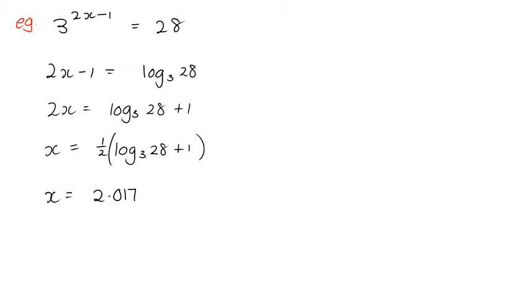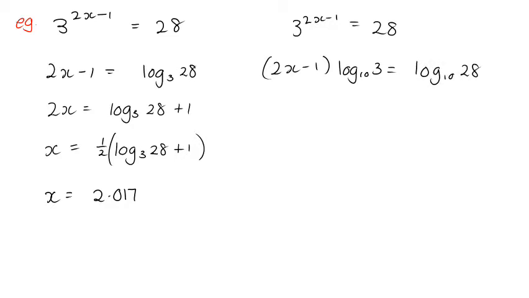Now, the other way to do it, you can take log base 10 on both sides. So if we start again with the same question, taking log base 10 on both sides, what would you get? Yeah, so the power comes down. Log base 10 of 3, and then just log base 10 of 28. Once again, just rearranging. So from here, we just rearrange to find x. So we're going to take our log base 10 of 3 over.